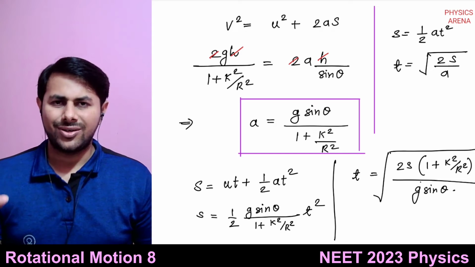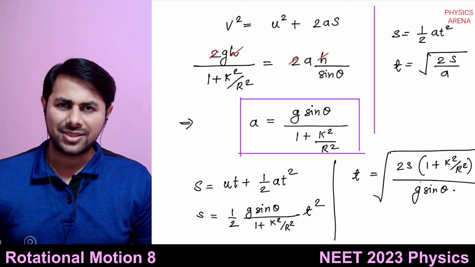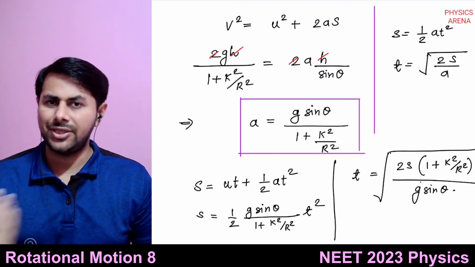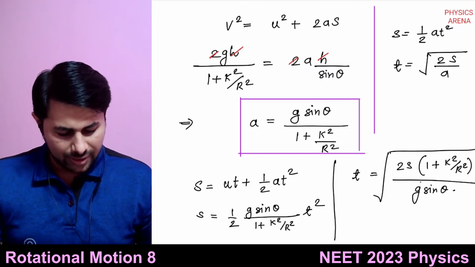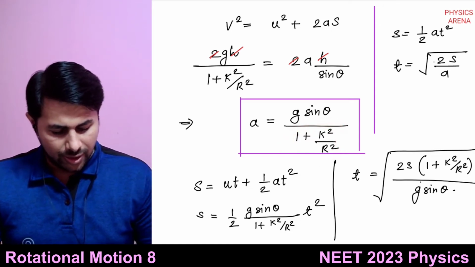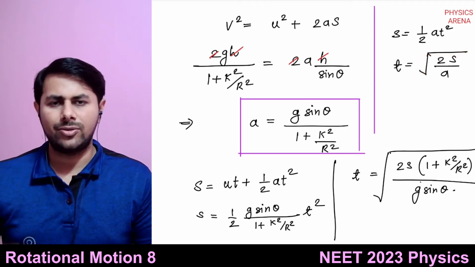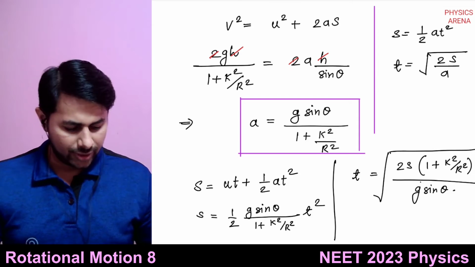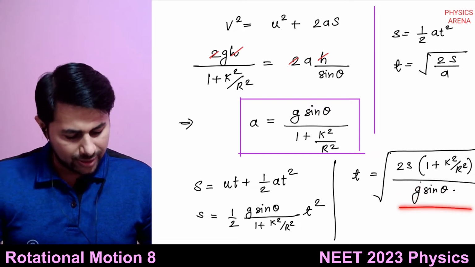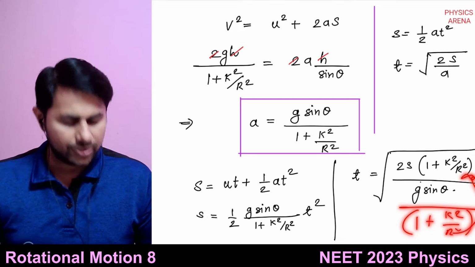For a body which slides down an inclined plane, we studied this in the last chapter, in force, that the formula of acceleration is g sine theta. So here, what changes is that this extra factor will come. It is square root of 2s upon a, and for a, we substitute acceleration in rolling motion. So a is g sine theta divided by 1 plus k square by r square. That 1 plus k square upon r square is in the denominator of the denominator, so it goes in the numerator.